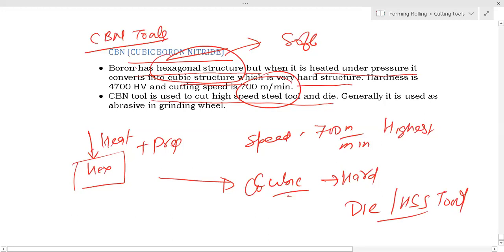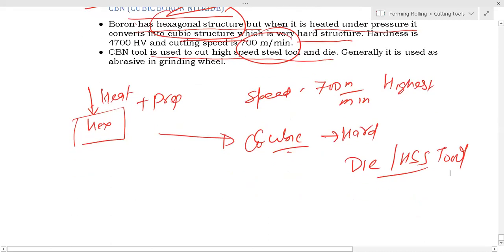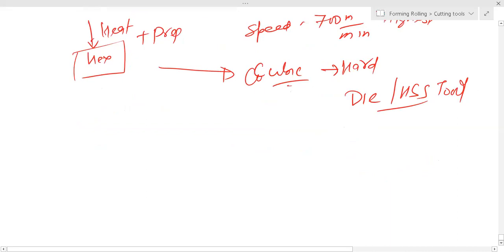Tomorrow or the day after tomorrow, we'll discuss coated tools and tool failure or tool life. So you have to understand this. Tool life is a function of velocity, that is cutting speed, depth of cut, and feed.